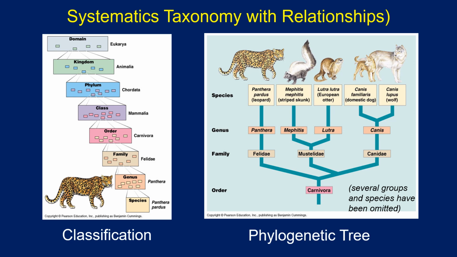We have our panther there, so you can see this time we're going up: order, family, genus, species. And you can see that in this tree, these groupings that we've made are based on relatedness. So we have the skunk and the otter, and they're grouped together in the Mustelidae because they have a common ancestor at that branching point.